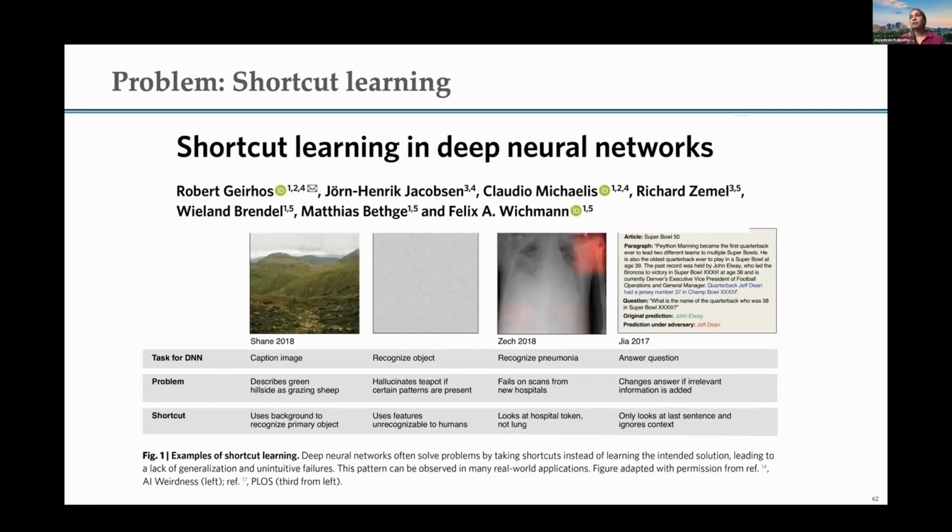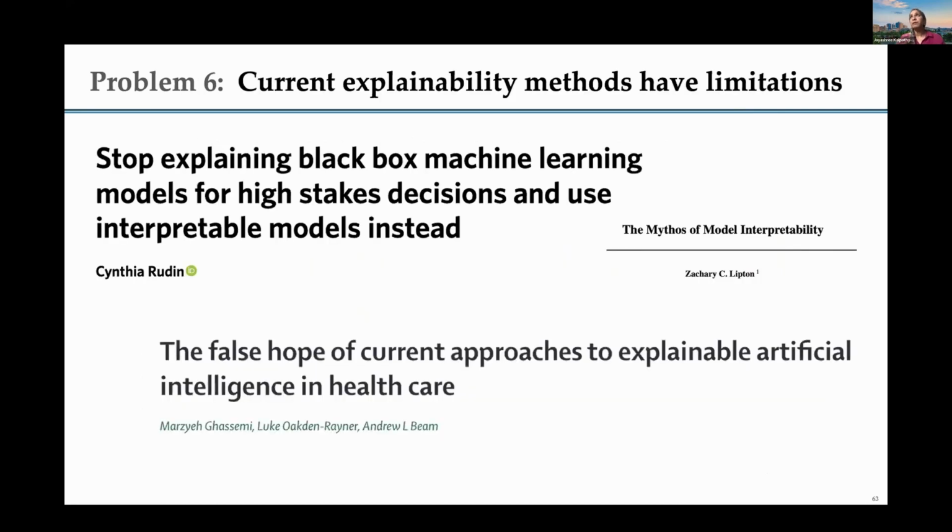So there's this notion of shortcuts, and the concern often is that we are learning shortcuts and not true associations. So people have tried to use these approaches to see what the model is looking at, and whether it's truly looking at the area where it should be.